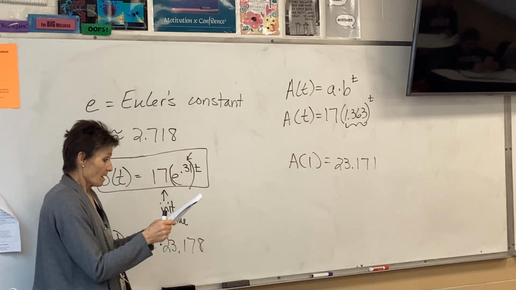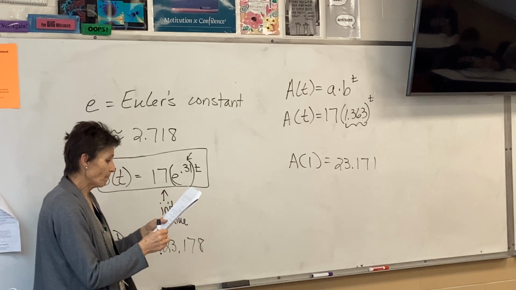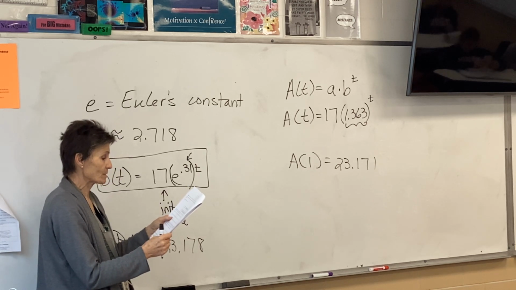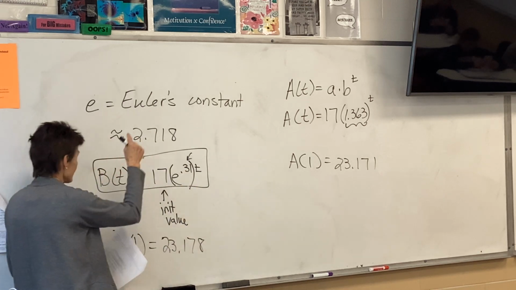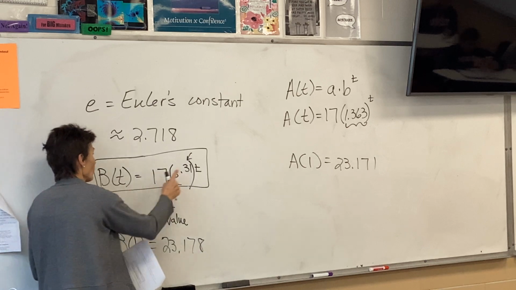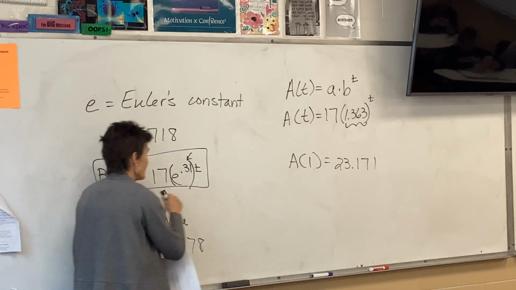All right, find the value of T when the number of bacteria in the particular culture is 1,000. So I'm going back to this one because this is more accurate, and I need to find out what T is. So I get 1,000 here.